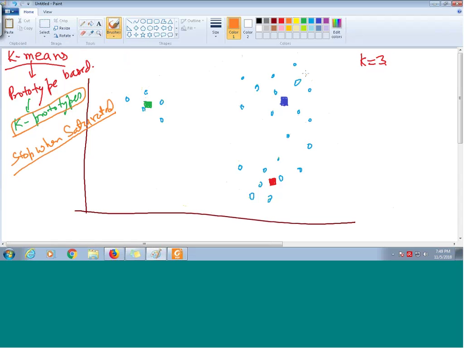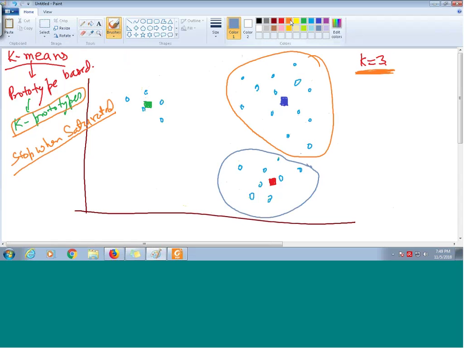Now I can tell that any given item is assigned to which cluster. Since the user has already asked me to give the 3 clusters, I can find out that these items are in one cluster, these items are in the second cluster, and these items are in the third cluster. So I would say that these items are in this cluster.